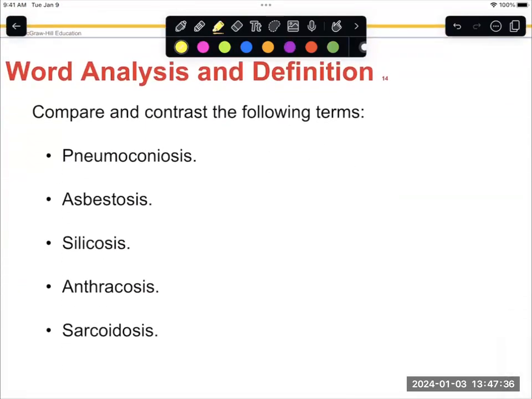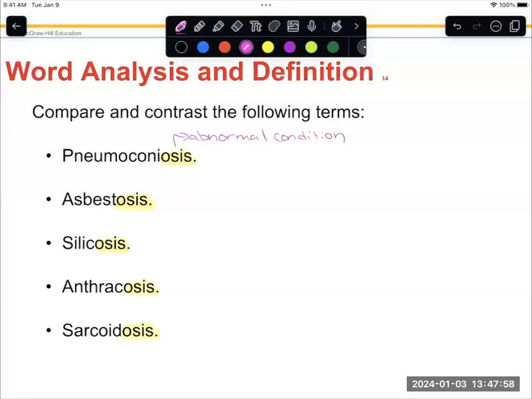Each of these terms here contains that osis. Osis means an abnormal condition.